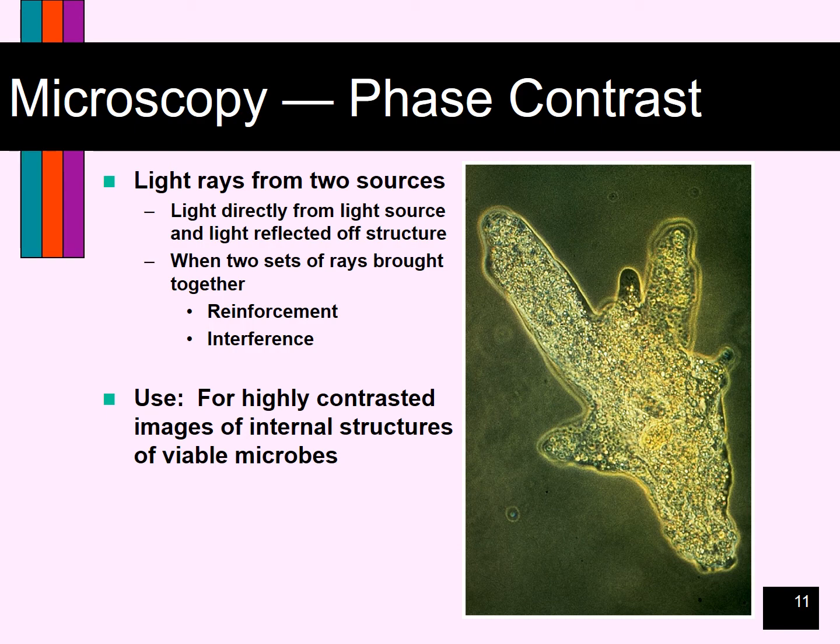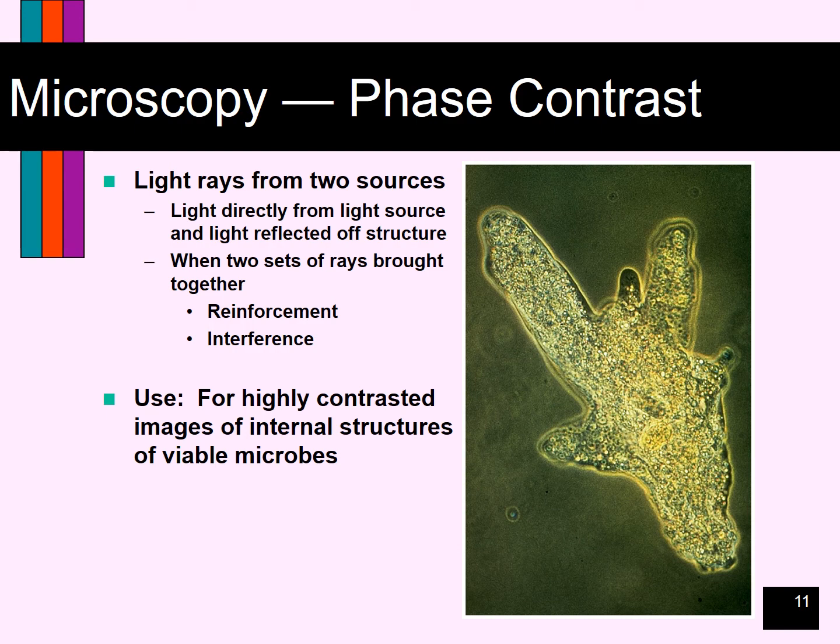And in fact, if we had a fancy microscope, we could have a disc that we could turn and put that special phase contrast condenser in place, and we could do phase contrast on our light microscopes.